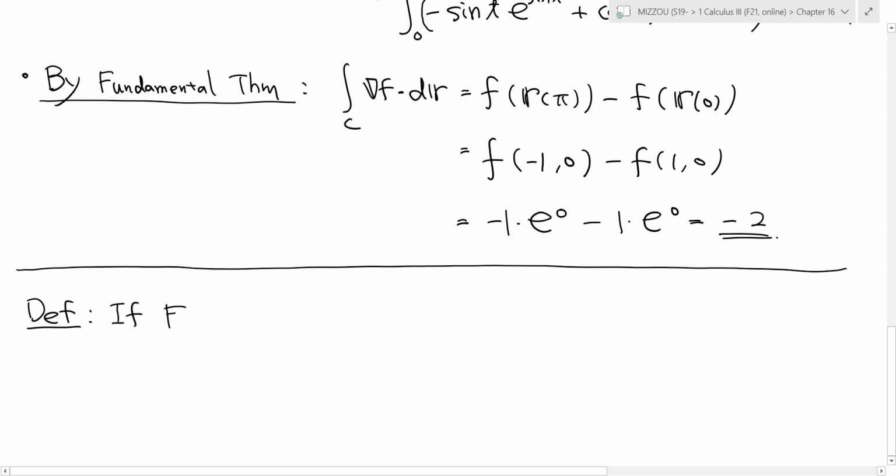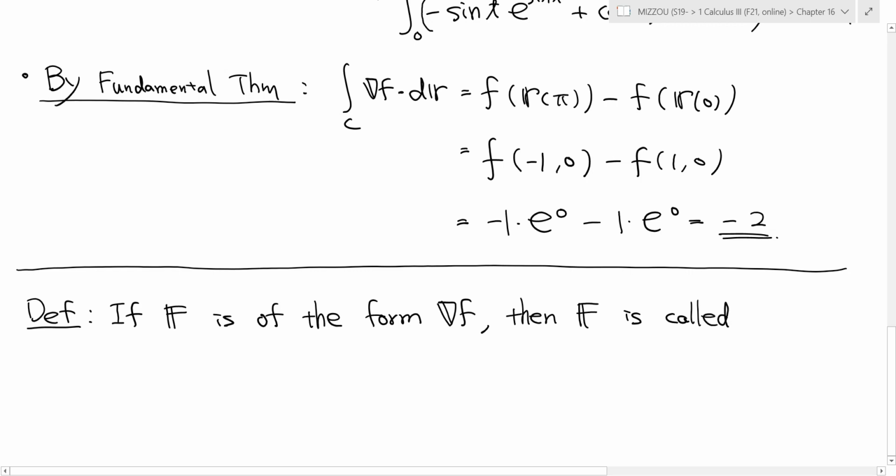If your vector field F is of the form gradient of f, then F is called a conservative vector field.